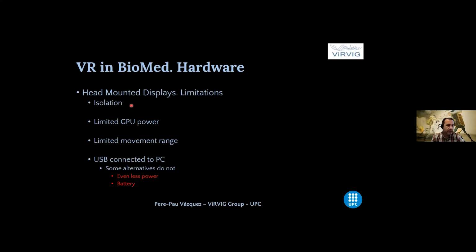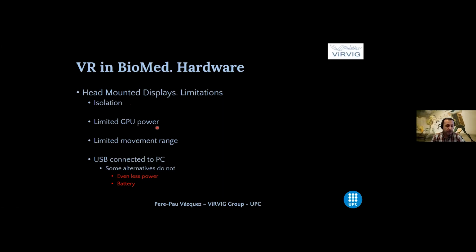They also have limited GPU power. Actually, they use the GPU. Most devices use the GPU of the PC, but they have to generate higher frame rates. So it's typically more difficult to render at sustained frame rates than it is for a desktop. They also come with some limitations in movement range, because the trackers are placed at fixed positions and you have like 2-3 meters where you can walk.